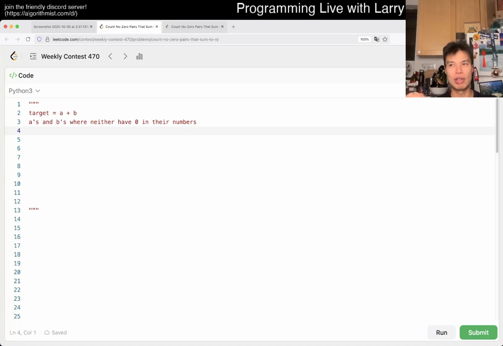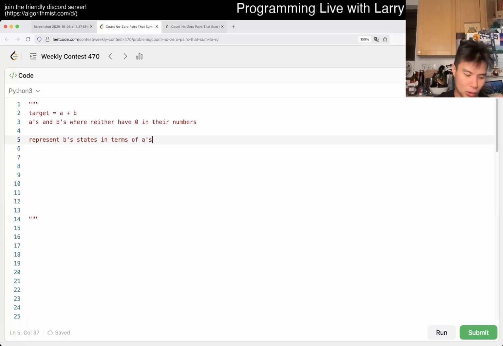So as a result, it's not a real dimension, so your analysis is a little bit not precise, right? And I thought this was one of those things, and as a result, I thought that I could represent B states in terms of A, and that's my core issue.